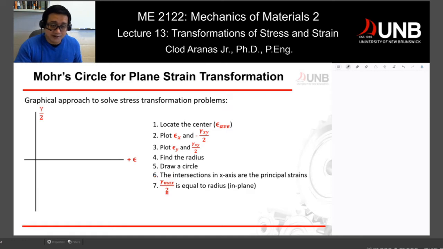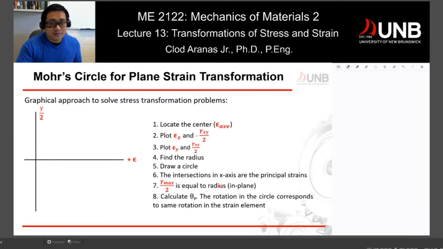Take note, this is in plane, divided by 2 is equal to our radius, which means our in plane shear strain maximum is equal to twice the radius, because if this equation here is equal to r, so we have shear strain in plane maximum is equal to twice the radius. And we can also calculate for a certain rotation angle wherein we'll be able to obtain our principal strains. So, this is the process of doing that.